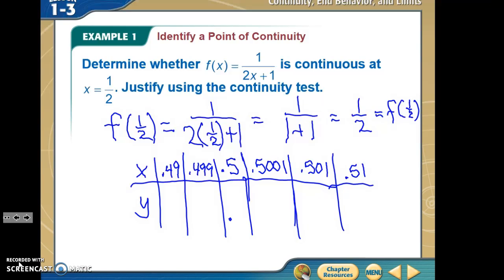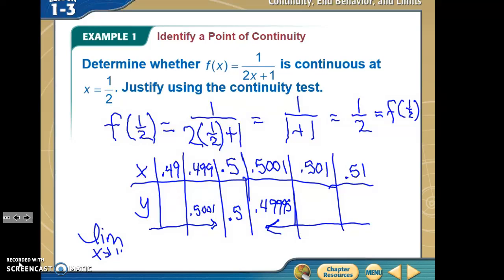All right, so as we are getting closer to 0.5, from this direction we're approaching 0.5, and then from the left direction, we're approaching 0.5. So as x approaches 0.5, our limit of f of x is 0.5.